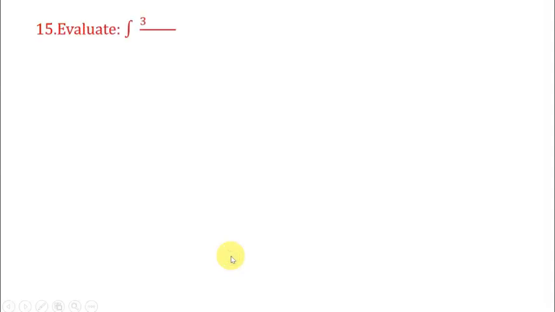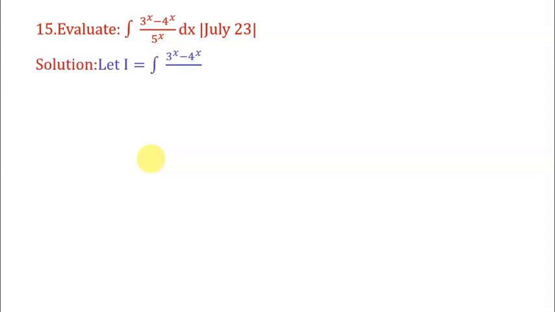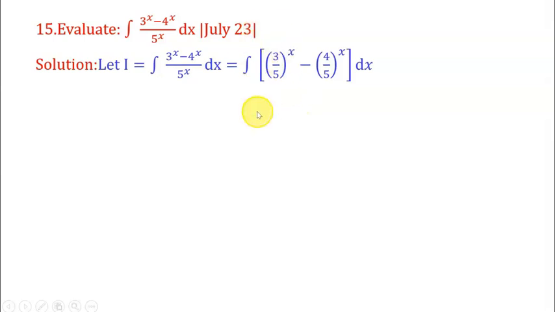Now next example, evaluate integral 3 raised to x minus 4 raised to x upon 5 raised to x into dx. This example was asked in the July 23 examination. Now see this. Let I is equal to integral 3 raised to x minus 4 raised to x upon 5 raised to x. Split this up. That is integral of 3 upon 5 whole raised to x minus 4 by 5 whole raised to x into dx.